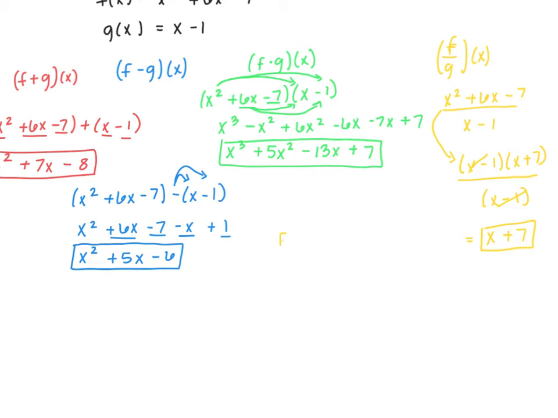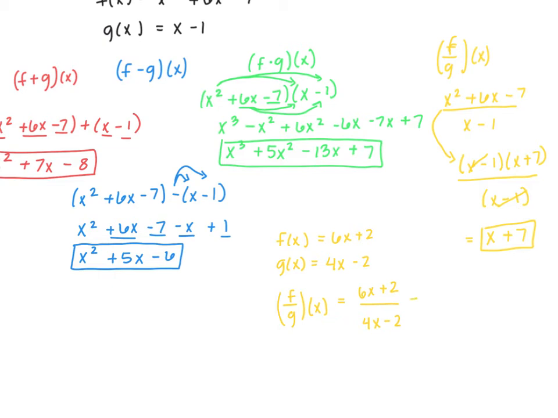So let's say you have something like f of x is equal to 6x plus 2, and g of x is equal to 4x minus 2. Let's see what that would look like when we divide f by g. So we want 6x plus 2 in the numerator and 4x minus 2 in the denominator.